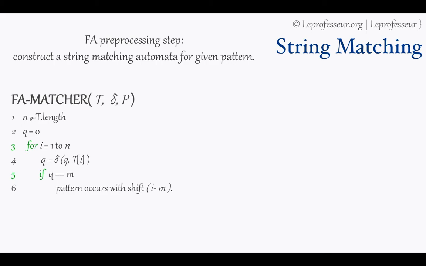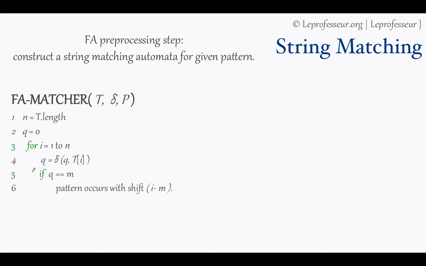Okay, and simply you just go for the whole length of your text string, and match the text string each character, and check what is the transition function from the transition table.